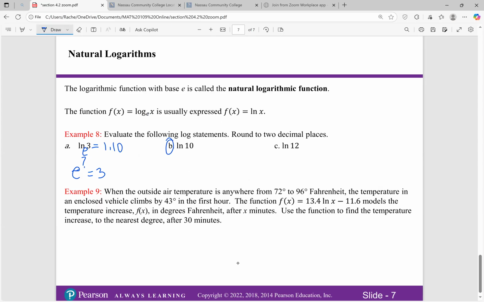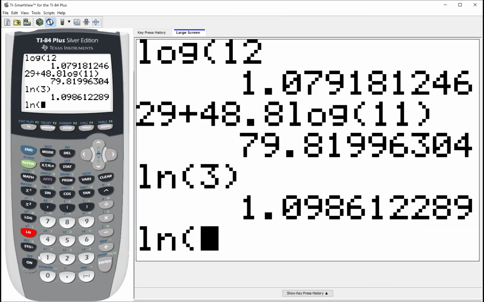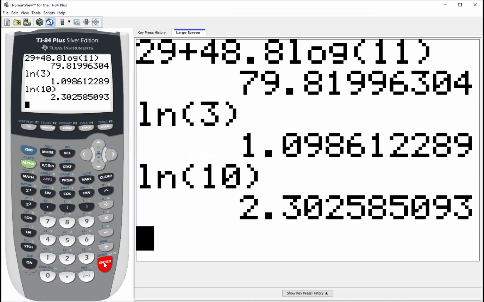B, we have the natural log of 10. So e to the what power is going to give us 10? Let's type in natural log now of 10. It's about 2.30.